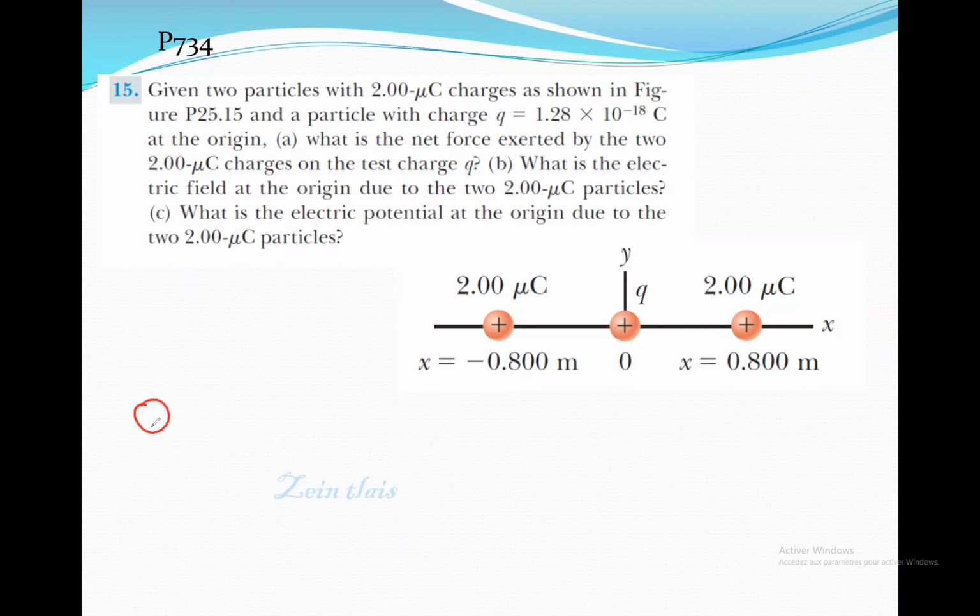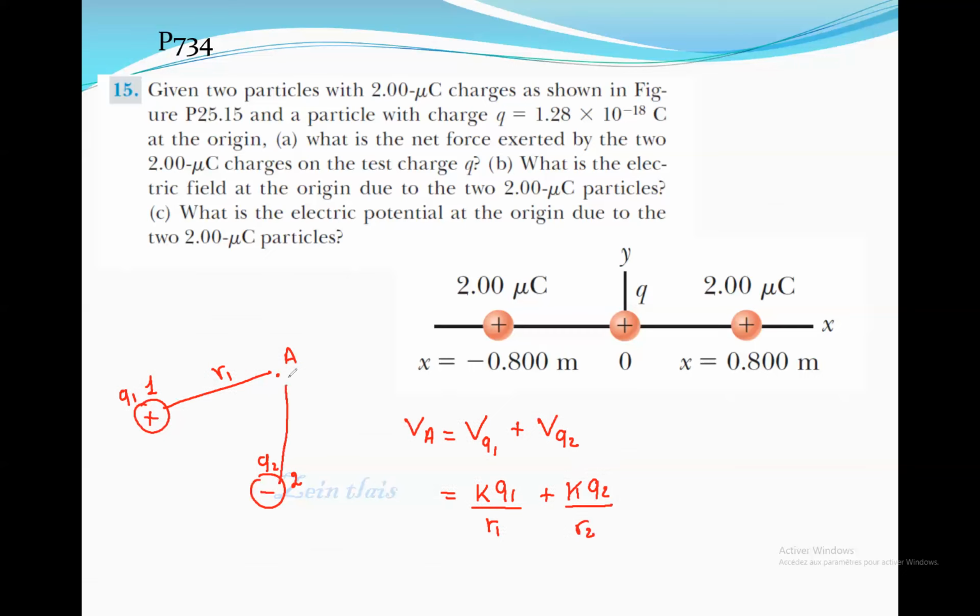If I have charge 1, let's say positive, and here charge 2 negative, and I want to calculate the total electric potential at point A, then VA equals V of Q1 plus V of Q2, which equals K Q1 divided by its distance to the point, plus K Q2 divided by its distance.